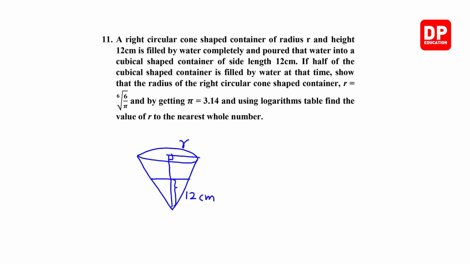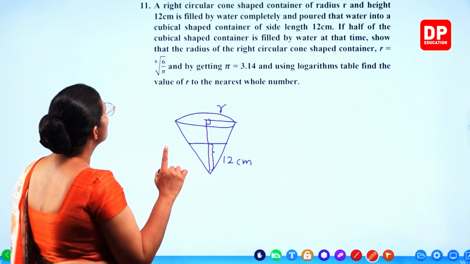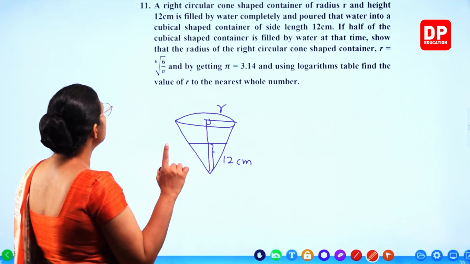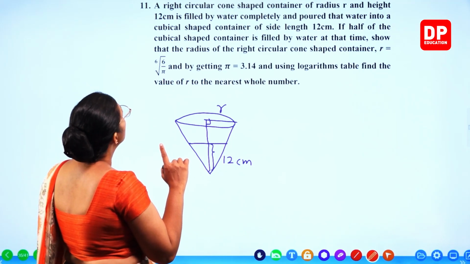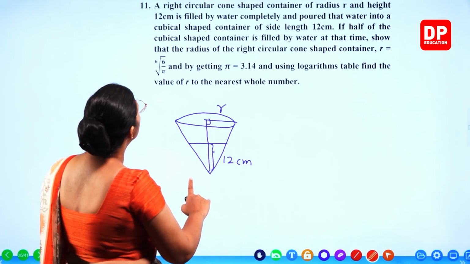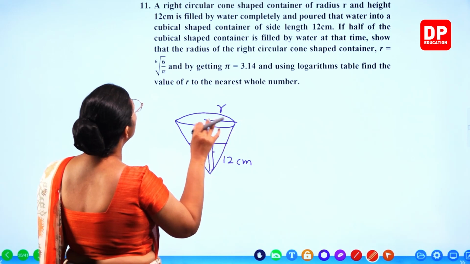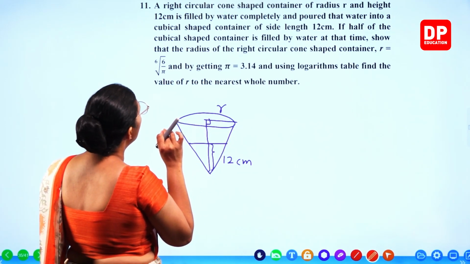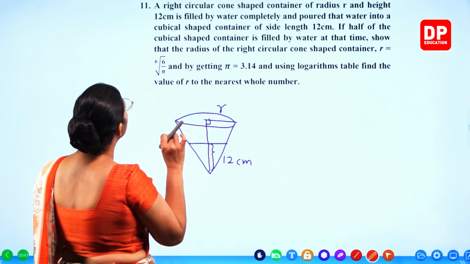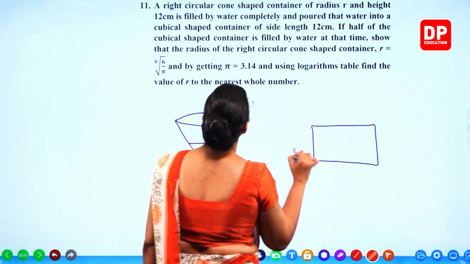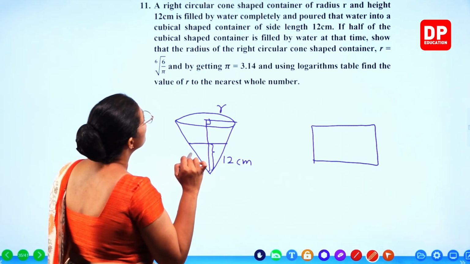If half of the cubical shaped container is filled by water at that time, show that the radius r of the right circular cone shaped container equals this. So right circular cone, and then the whole water is poured completely into a cubical shaped container. This is a cubical shaped container of side length 12.